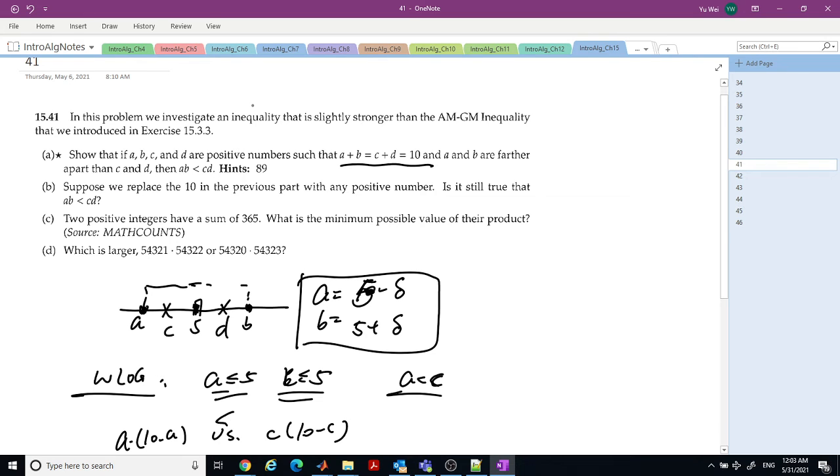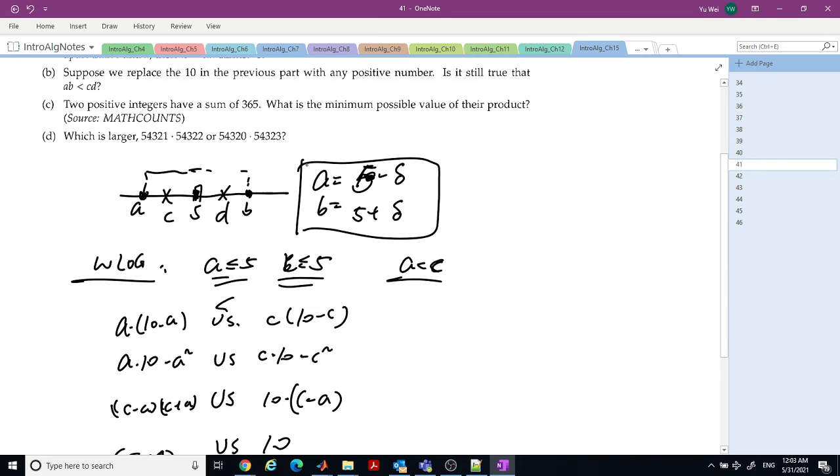Okay, next is the 10. You can see we have nothing special with the 10. Basically, you can say A plus B equals C plus D equals 2m, so the center will be m, and it's about how far your divergence is from the center.